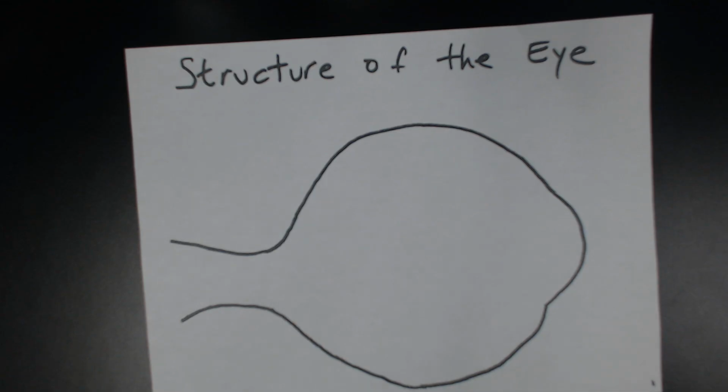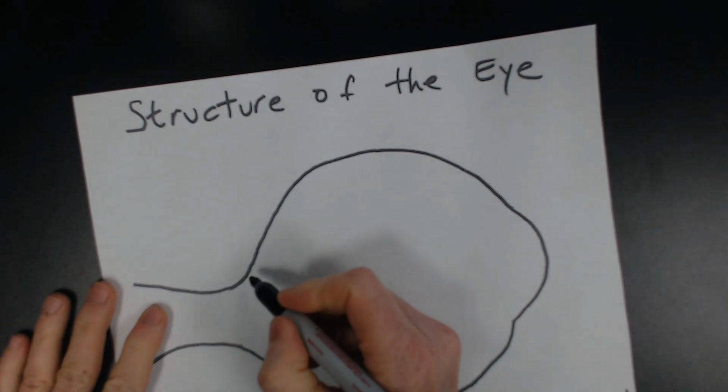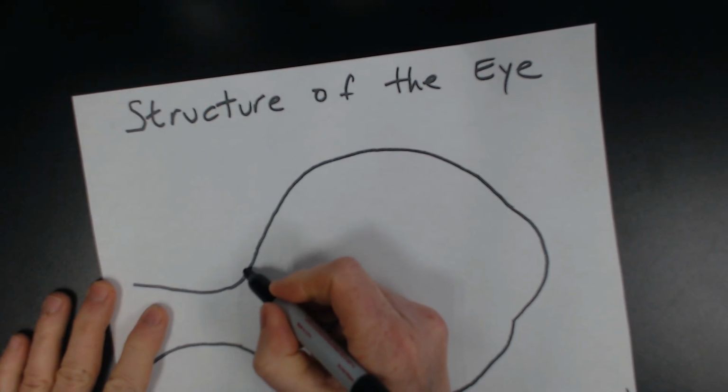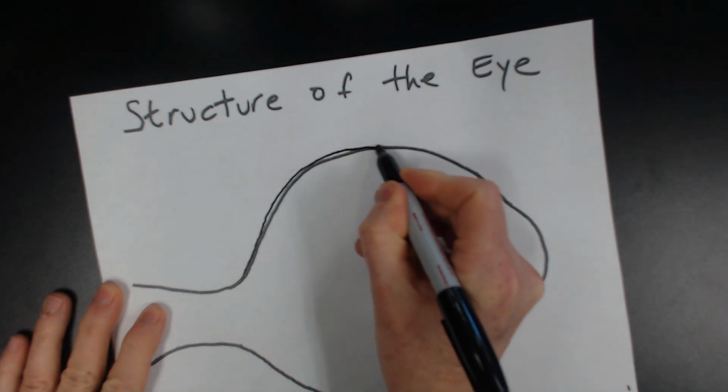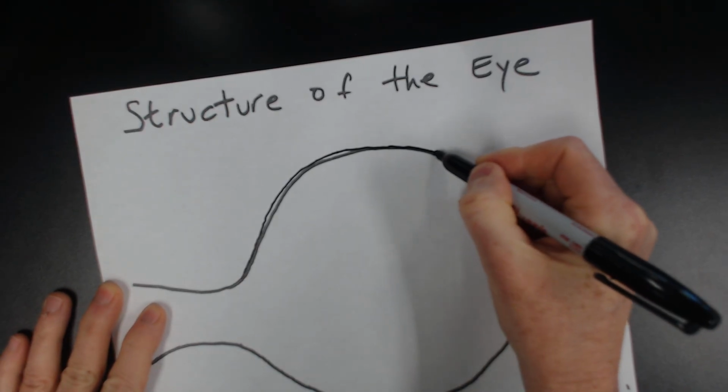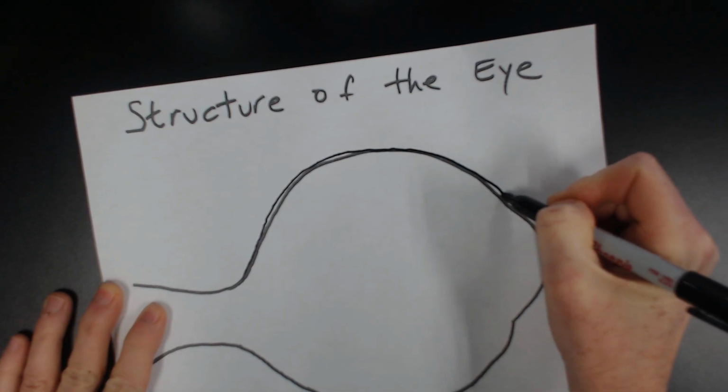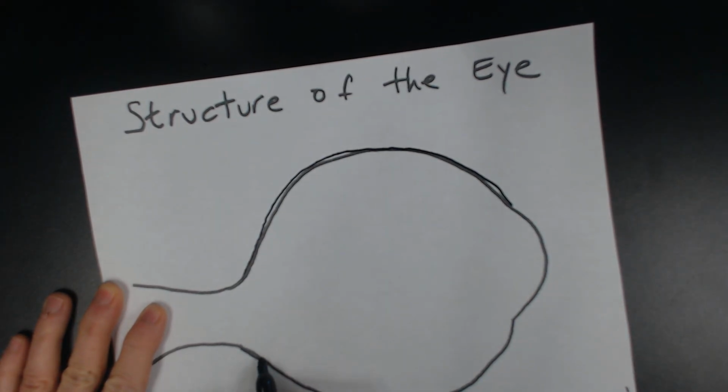There's a protective layer. Okay, part of the protective layer is going to be, I'll just outline it here in black, going all the way across. This is going to be the white of your eye, and the white of your eye is going to be part of the protective layer of the eye.